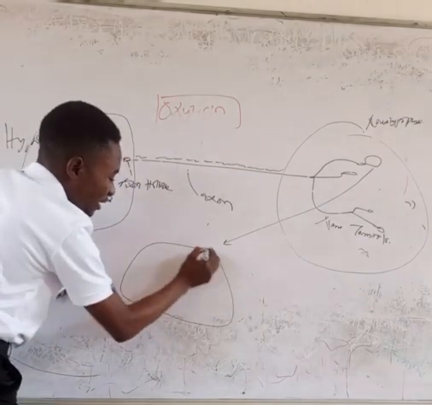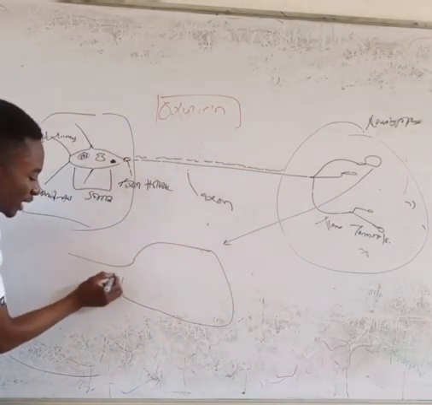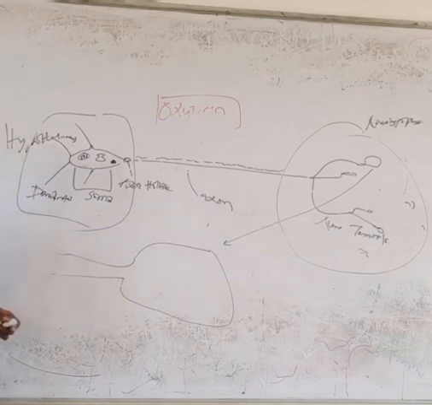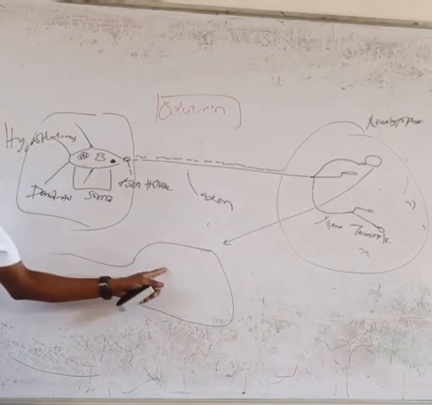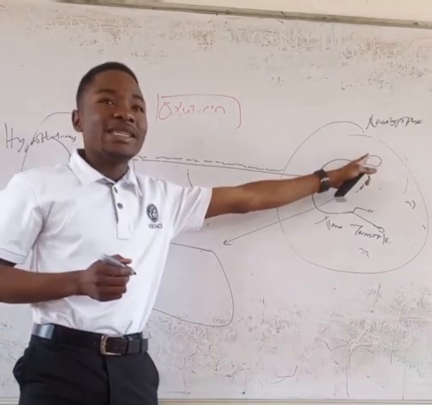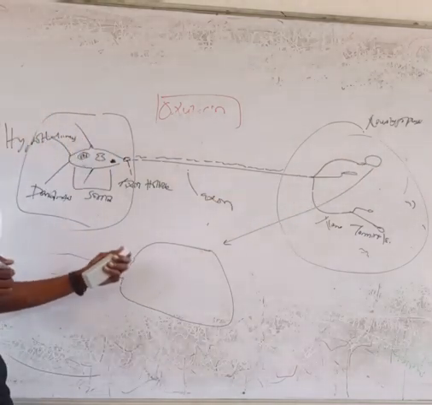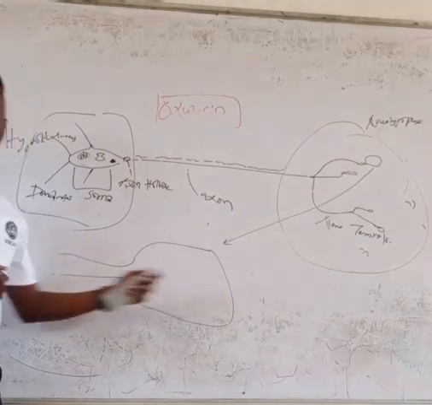This is our axon, and this is the nerve terminal, magnified here.